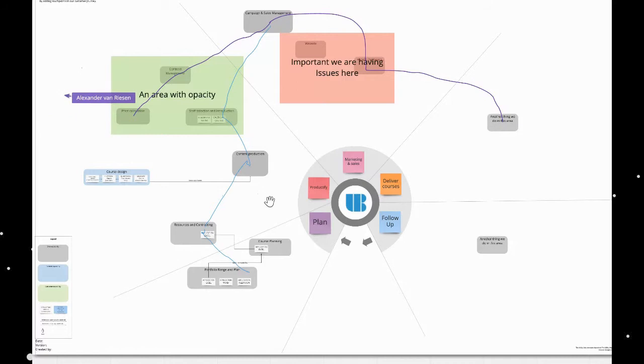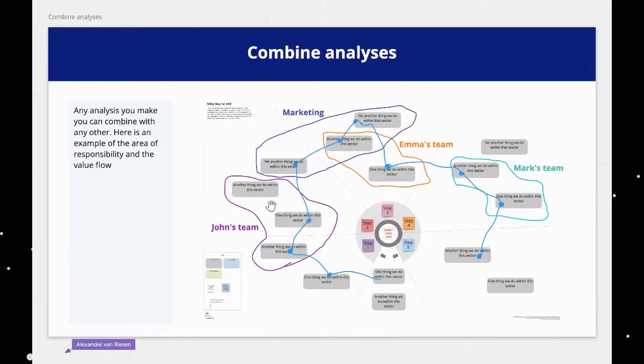And then we move on to what he just did, which was actually combining analysis into one and the same. So we can combine our analysis that we have done and see, for instance, how one specific value stream is using different capabilities within our organization, through which teams this one flows, and who we need to talk to in order to get changes done.